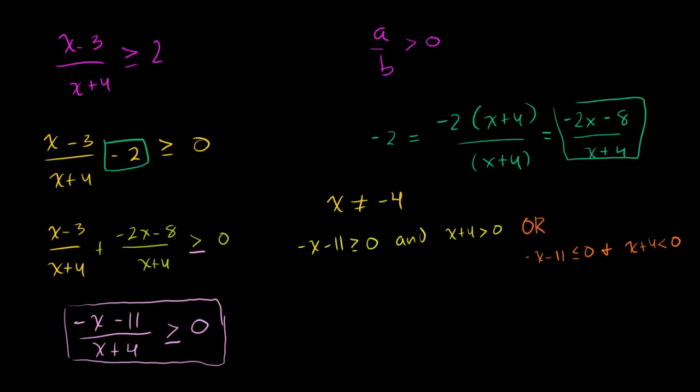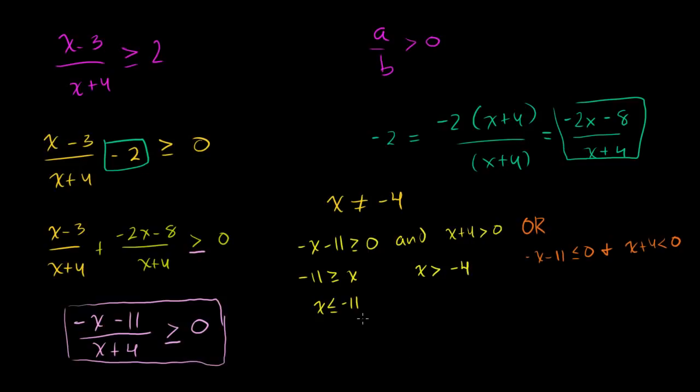So let's look at these two situations and see if we get any solutions that make sense. Right here, if we add x to both sides of this equation, we get minus 11 is greater than or equal to x. Or another way you could say it is x is less than or equal to minus 11. I just swapped these two sides. And then here, if we subtract 4 from both sides, we get x is greater than minus 4.